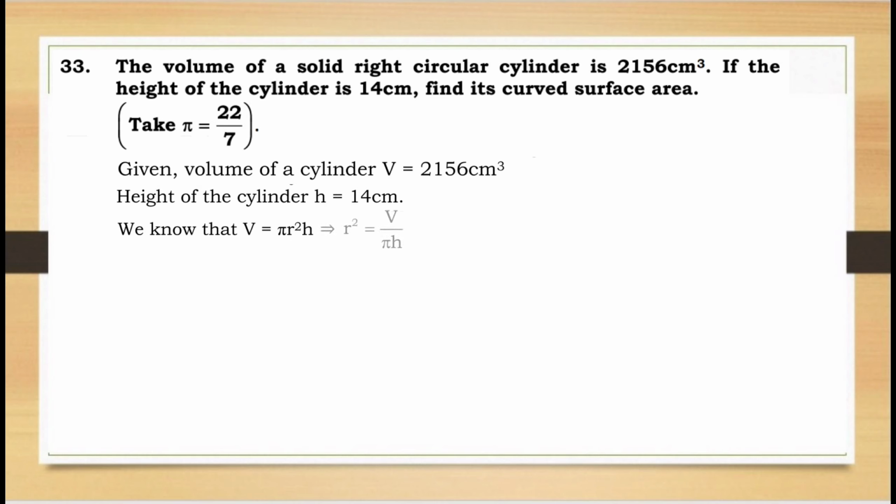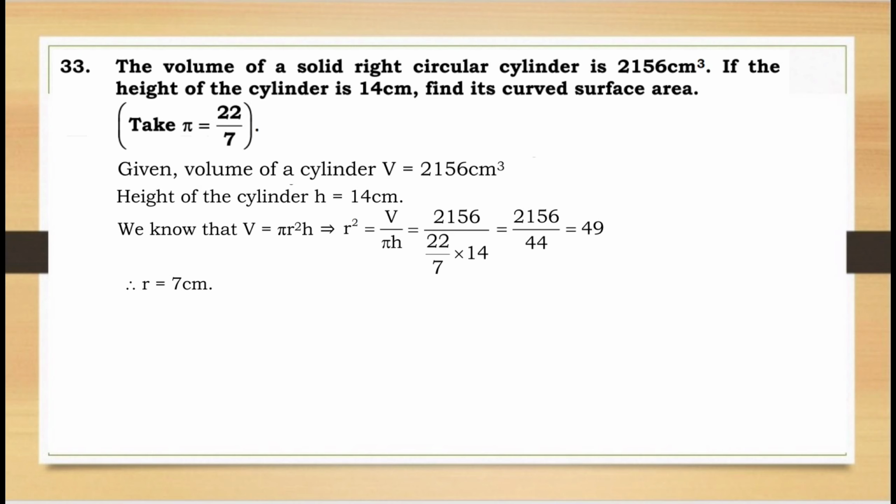We can also write r square equals V by pi H, which equals 2156 whole divided by 22/7 into 14, which equals 2156 divided by 22 into 2. Therefore r square equals 49. Therefore r equals 7 cm. This is the radius of base of the cylinder.